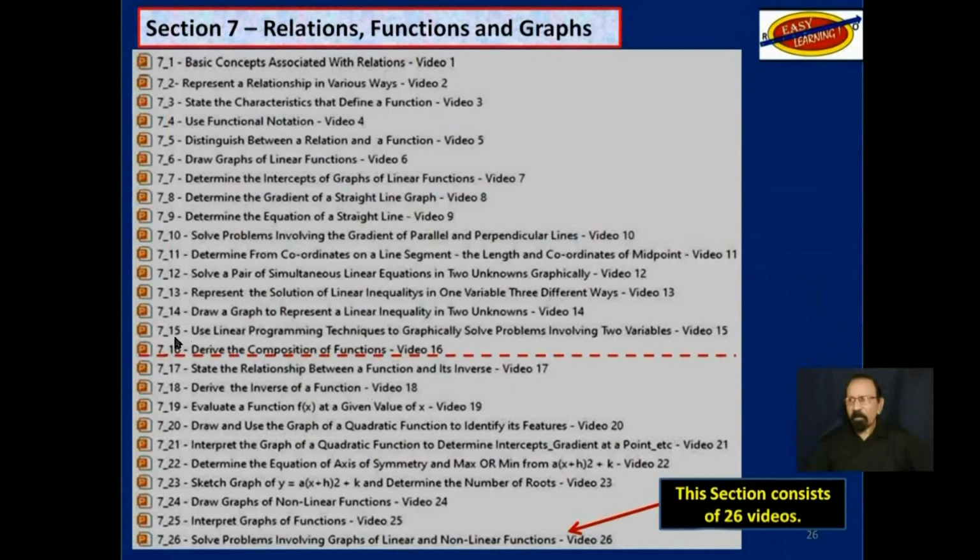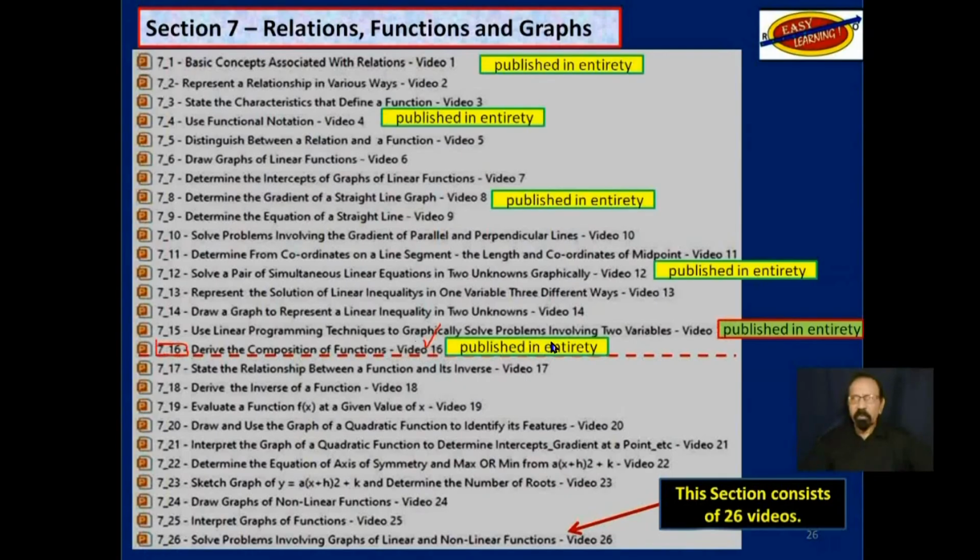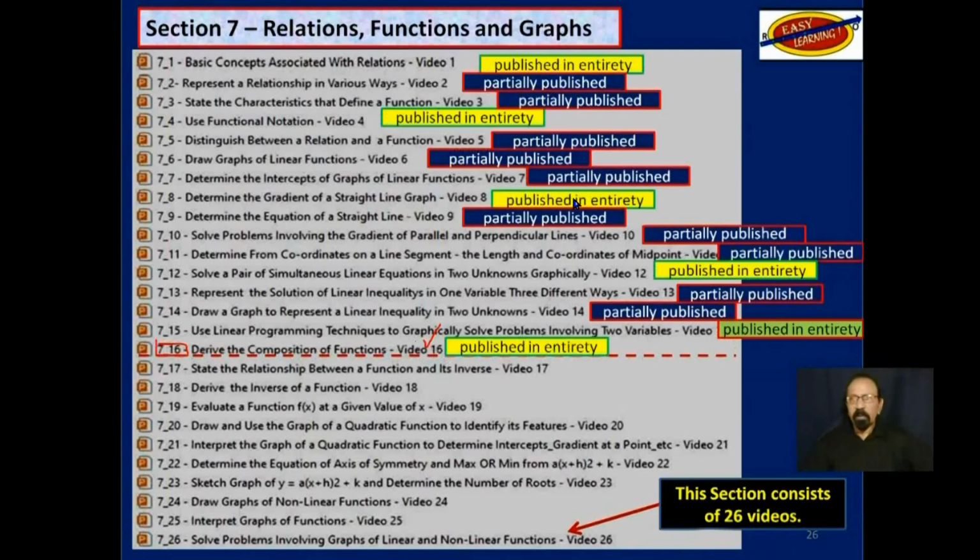So we have finished objective 16, which was video 16, the last video. Those 6 have been published in their entirety on YouTube, and these others have only been partially published on YouTube. Please make good use of all of these videos, whether they are totally published or partially.